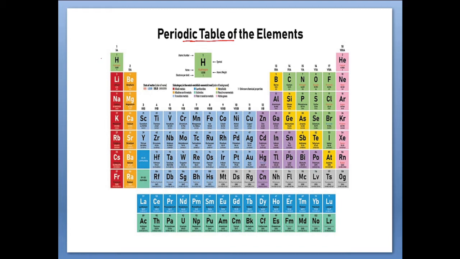These are the S block elements, and these are the P block elements, and these are the D block elements, and these belong to the F block elements.